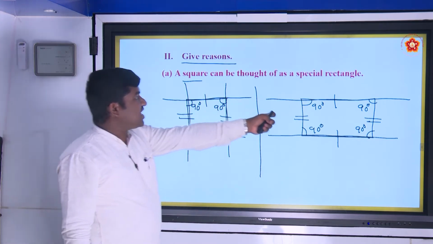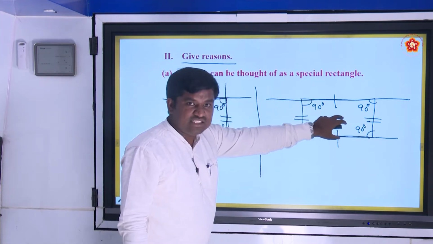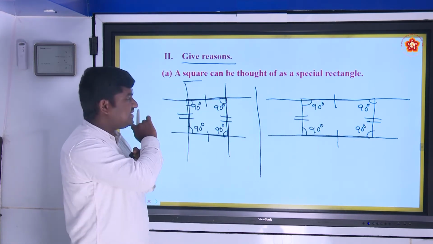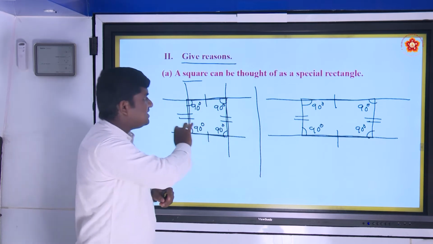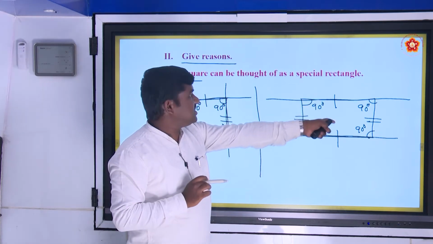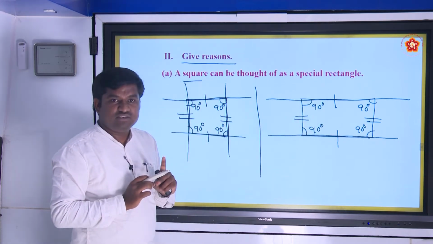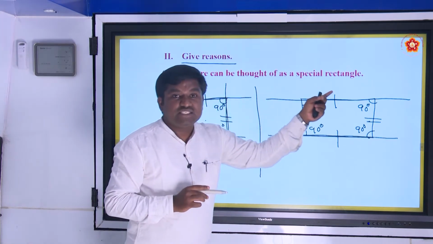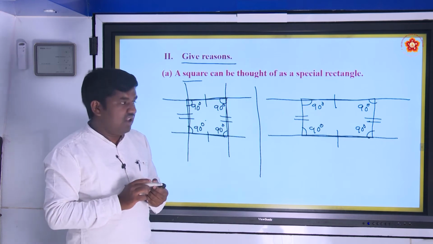Then, which properties does a rectangle have? The square also has all those properties. See, the square has all the properties which the rectangle also has. So this square can also be thought of as a special rectangle.